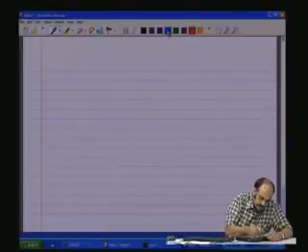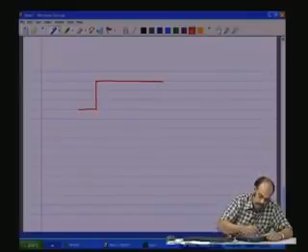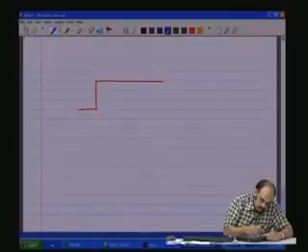You see that we give a step like that as the input. What happened to the output?